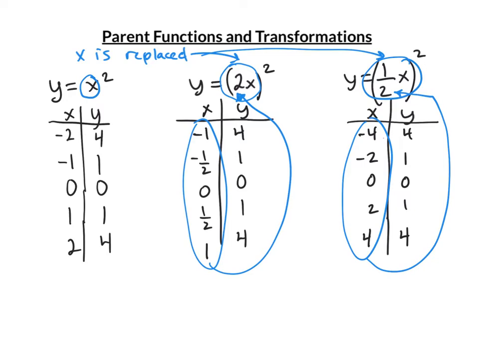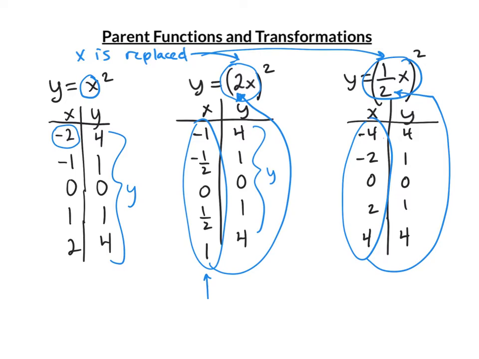So take a look and notice that it's the x values that have to change in order to create the same y values. So here my y values are the same, but I have to make it -1 to end up with 4, the same y value, because plug in -1, 2 times -1 is -2. When I plug in -1, I get -2, and -2 squared is 4.